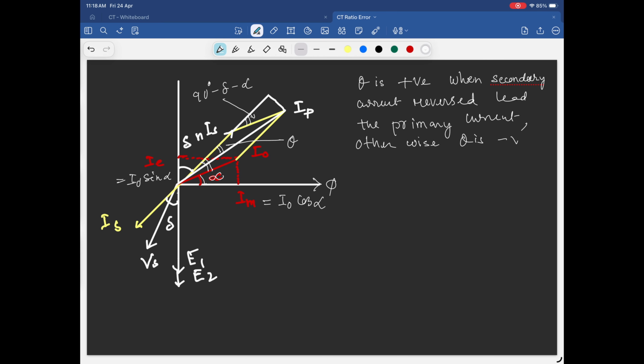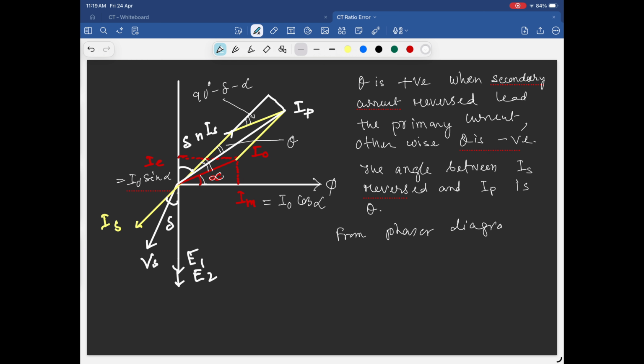Otherwise it is negative. That is, the angle is taken negative if the secondary current reversed lags behind the primary current. So the angle between IS reversed and IP is theta, and that is the phase angle.